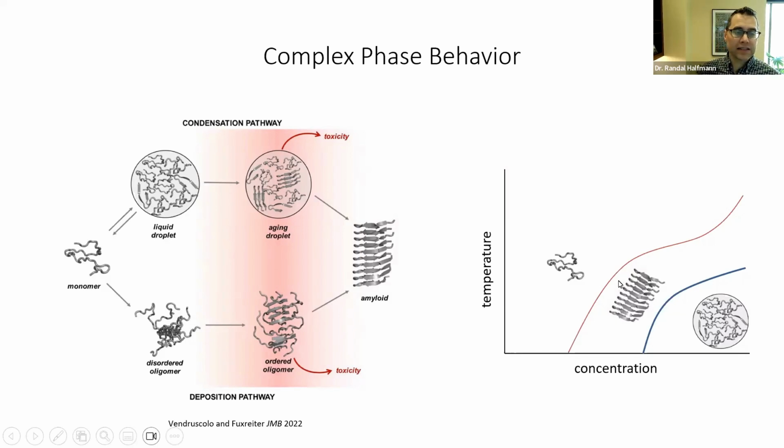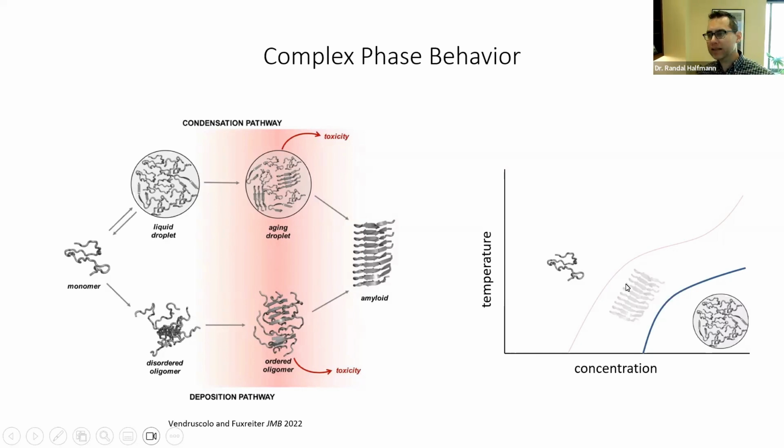And again, as I said, because that transition can be difficult to happen, that is to say it has a large nucleation barrier, proteins can bypass that in the cell, so they can become what's called supersaturated, and then enter this condensed state. And then, of course, there's some maturation back to this amyloid form.